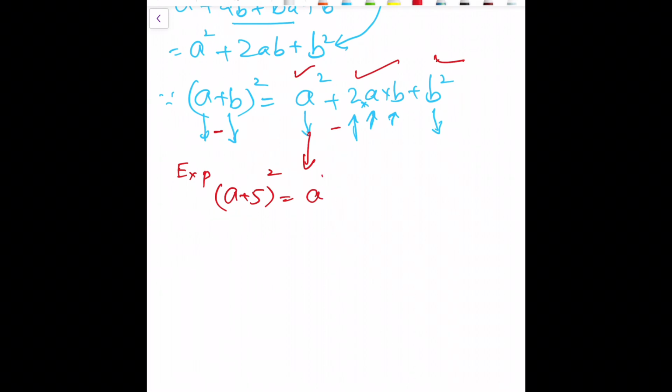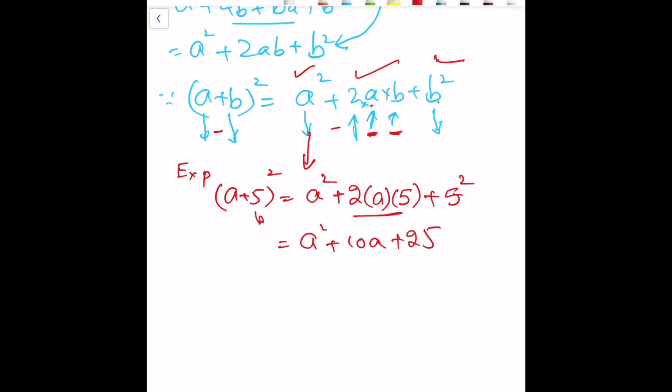Our a is a, so a squared, plus 2 times a times b, where b is 5, plus b squared, so 5 squared. Simplifying, a squared plus 10a plus 25, since 5 times 5 is 25. This is our special product answer. So if you have a plus b whole squared, that's the answer.